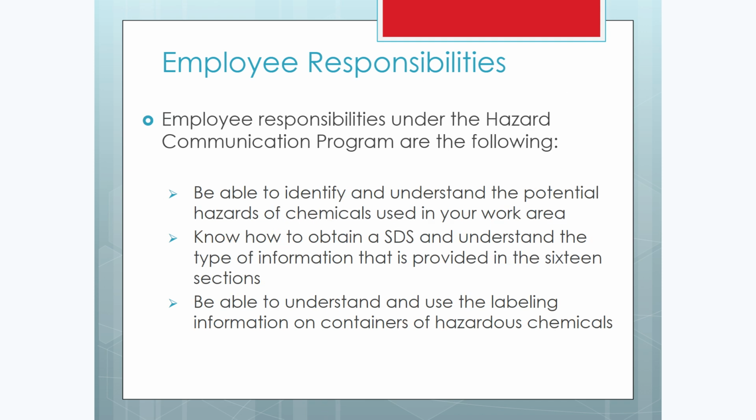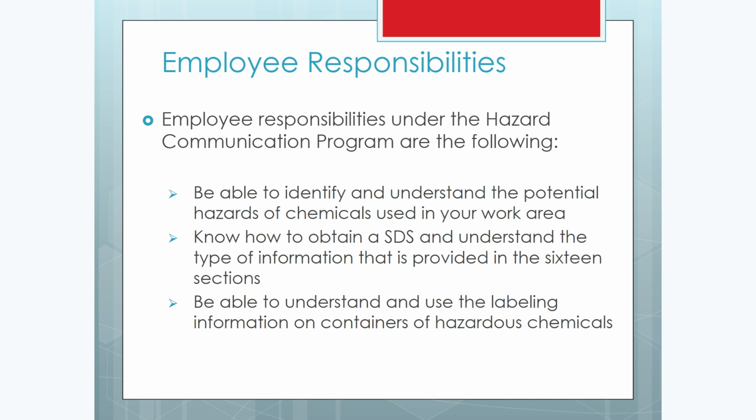The employee responsibility is to be able to identify and understand the potential hazards of chemicals in your work area. You're supposed to know how to obtain the SDS, and again, you need to go to your team lead or the supervisor to get one on any chemical out there that you're going to be working with.